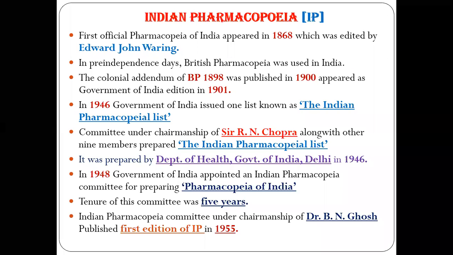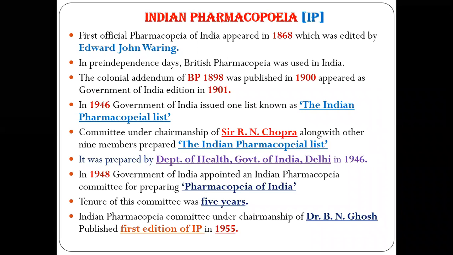So before preparation of the Indian Pharmacopoeia, before preparation of that book, we should have the list of the drugs. We should have the information of the drugs. For that purpose, they developed one committee, and that committee worked under Sir R.N. Chopra, and 9 other members were there.